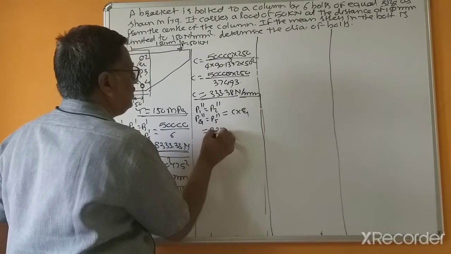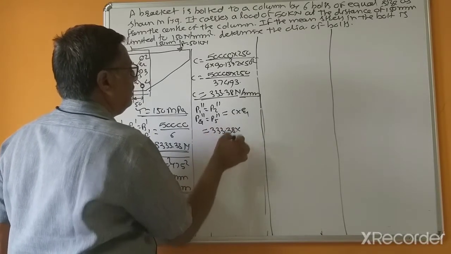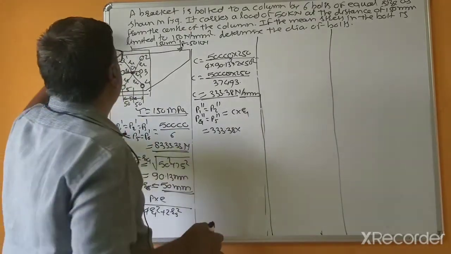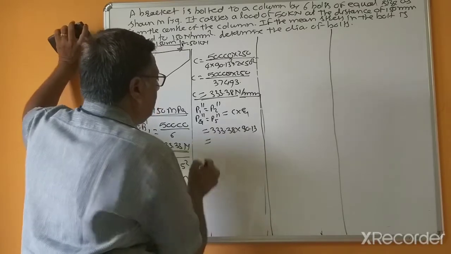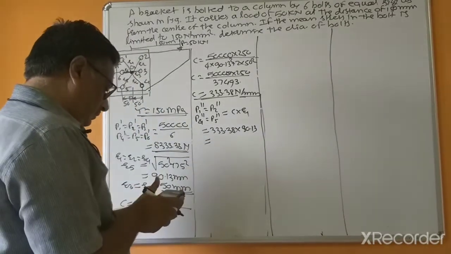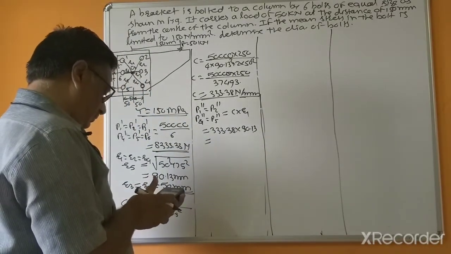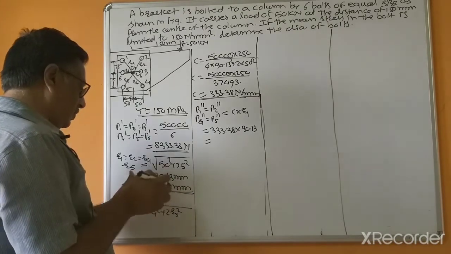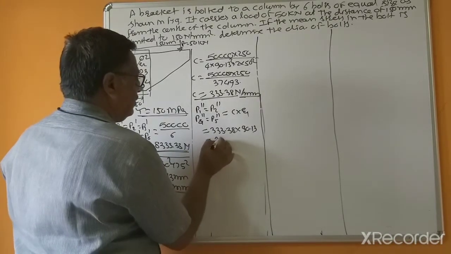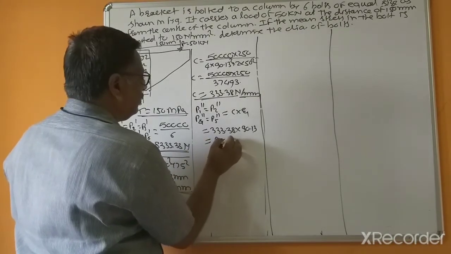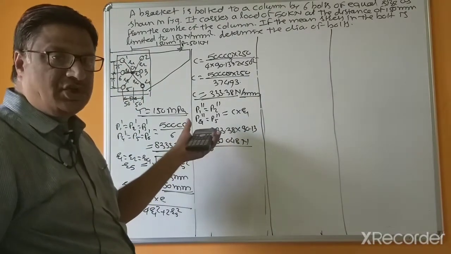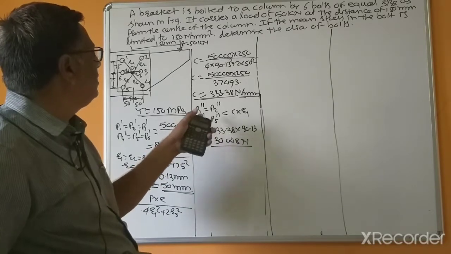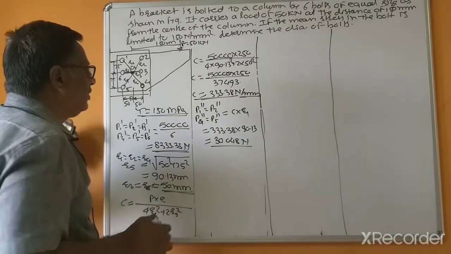This is 333.38 multiplied by R1 equal to 90.13. This is 30,048 Newton. This is secondary shear force acting on first bolt, second bolt, fourth bolt and fifth bolt.